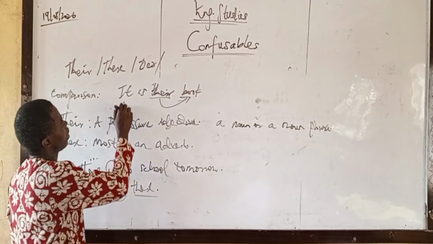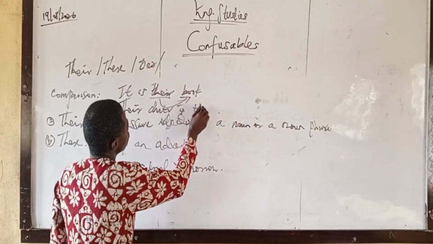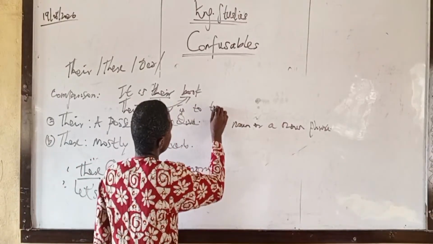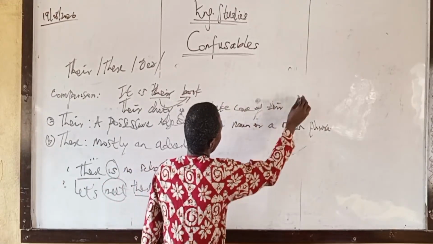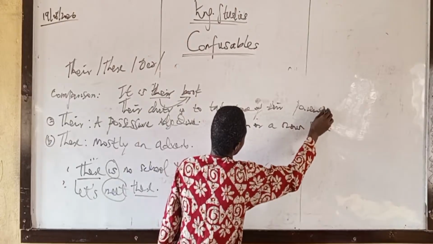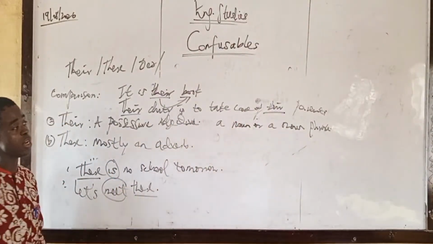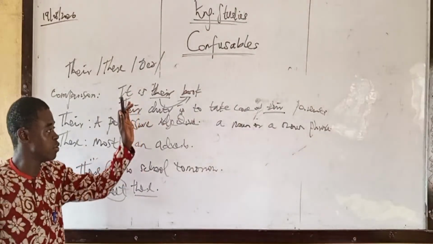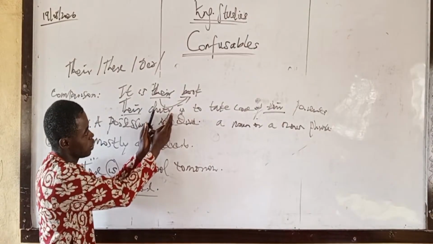The next one. Their duty is to take care of their parents. See that? Their duty is to take care of their parents. I use it here. I also use it here. Before the noun, duty.